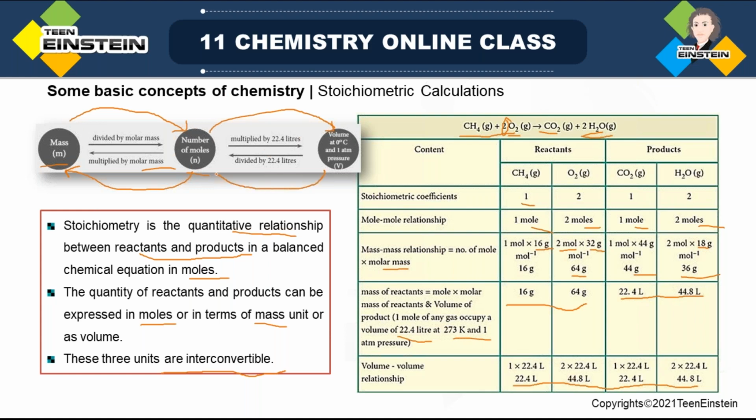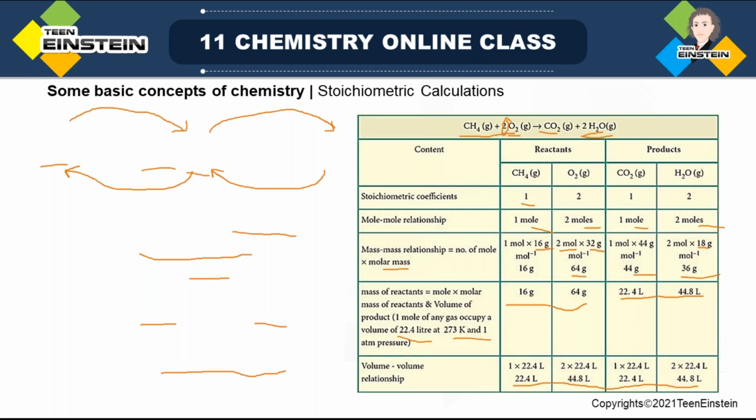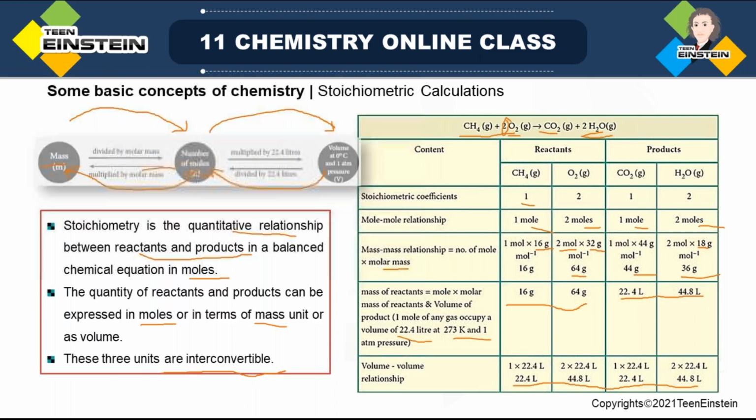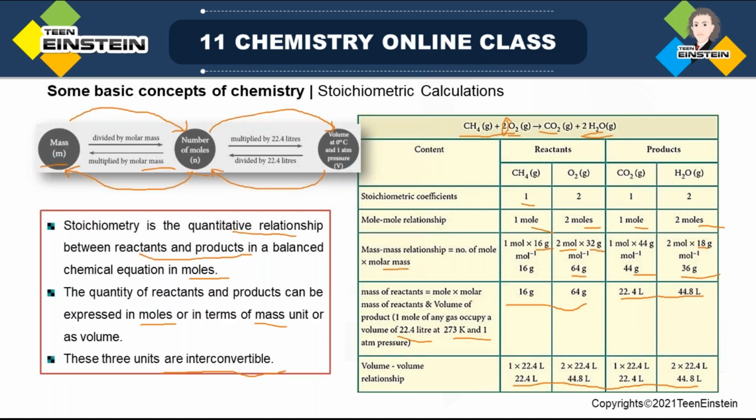And the reverse, from volume to moles, you have to divide the given volume by 22.4 liter, and you will get number of moles. So these are the relationships by which you can interconvert all these 3 units: mass, number of moles, and volume, provided the species are gaseous and they are under the condition 0 degrees centigrade, 273 Kelvin, and 1 atmosphere pressure.